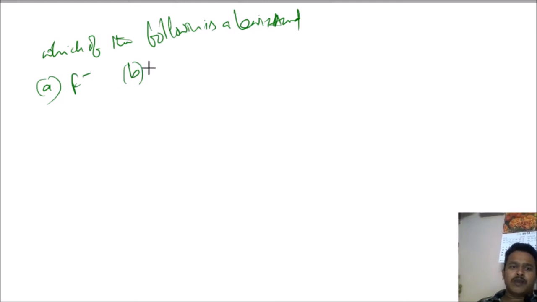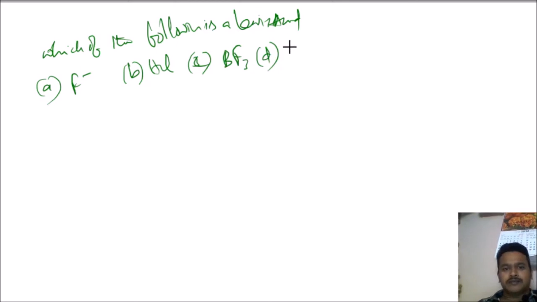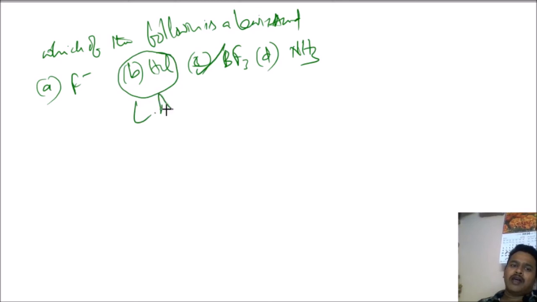B, HCl. C, BF3. D, something like NH3. Which is a Lewis acid? BF3 is a Lewis acid. HCl is an acid, but not a Lewis acid. BF3 can accept electrons, so it is a Lewis acid.